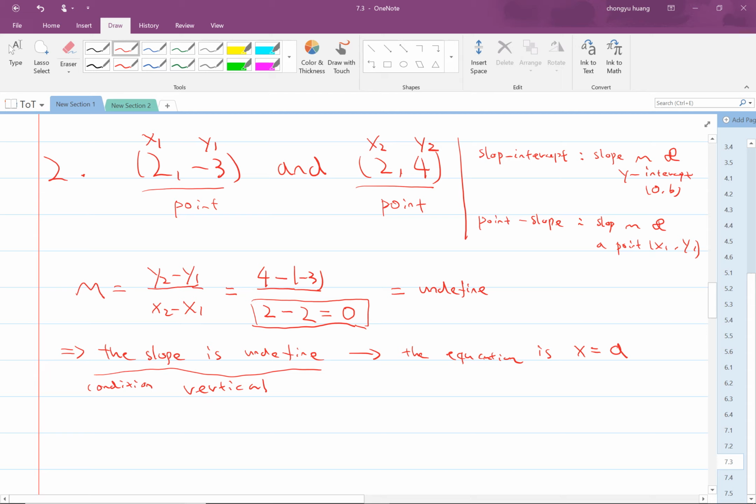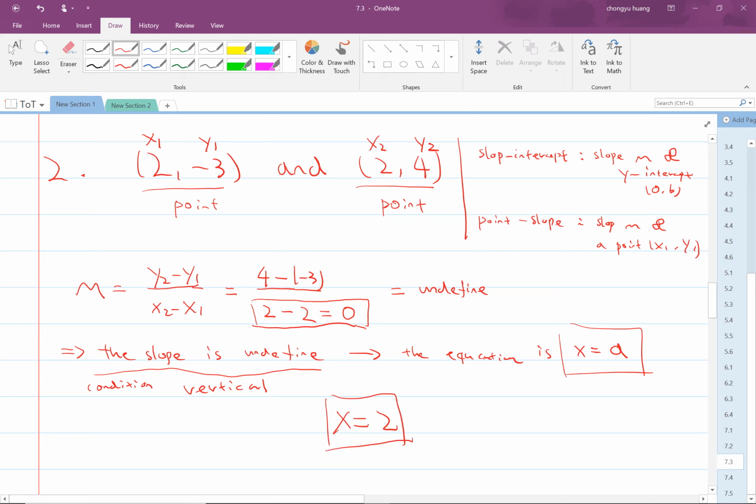If you're having a vertical line, then the slope is undefined. If you're not sure, go back a little bit and check the summary. The condition for the vertical is that the slope is undefined and it has this form, and the final solution over here is x equal to 2.